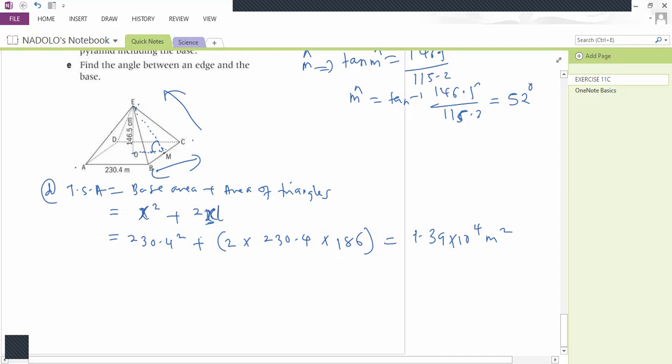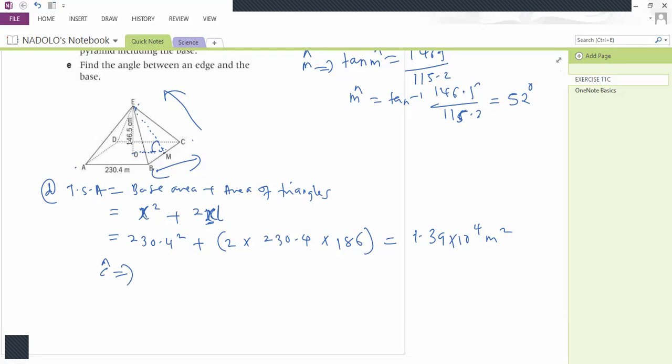So that will actually be angle C. So how do we find angle C?